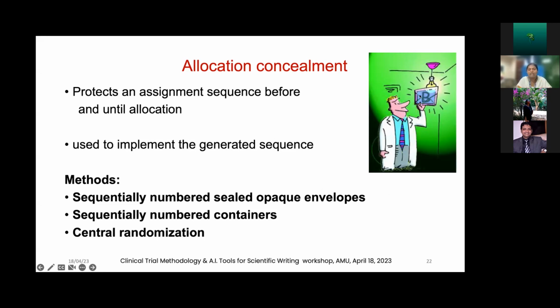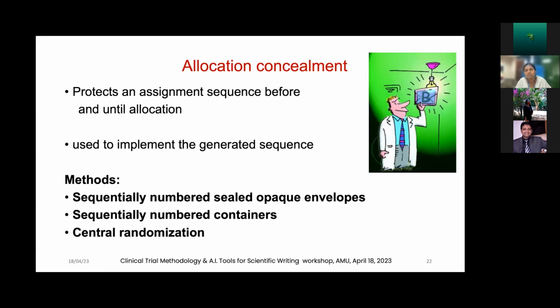You can use an aluminum foil wrapper, and whenever you are assigning a participant, a carbon paper should be placed inside, so that whenever you write the name of the participant on the outside of the cover, it is impressed on the sheet inside. That should be kept along with your trial master file or your individual patient file.